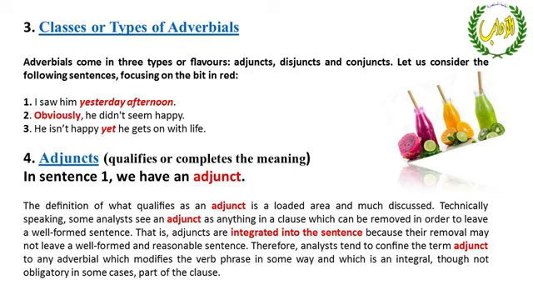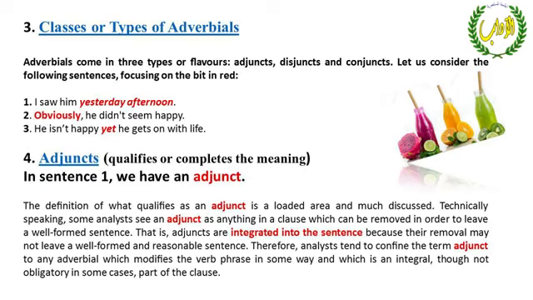Second, obviously he didn't seem happy. Third, he isn't happy, yet he gets on with life. So in the first sentence, we have an adjunct. And as shown in point number 4, adjuncts qualify or complete the meaning.